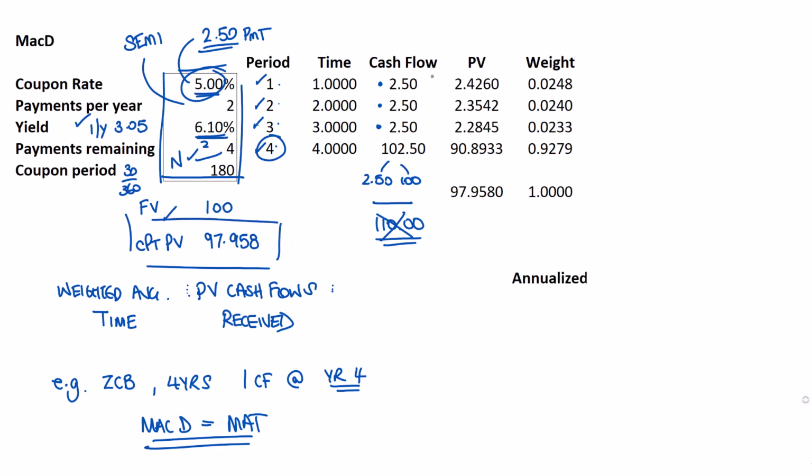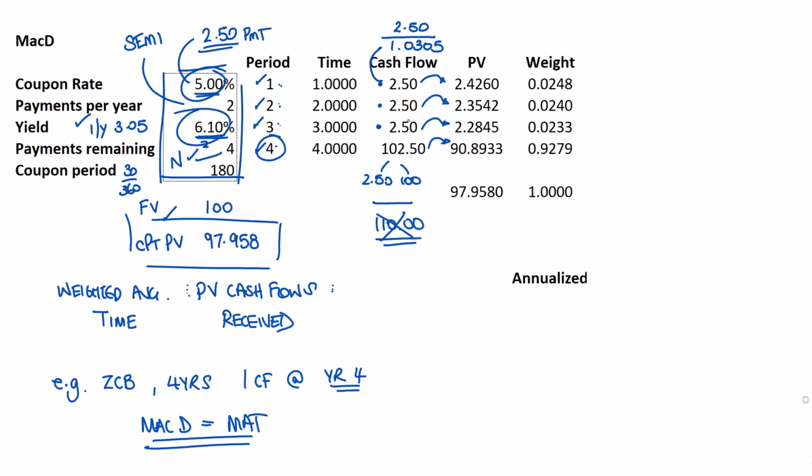So let's work out the PV of every one of those individual cash flows. First off, 2.50 comes in at T1. If we get 2.50 in 1 period's time, we are going to discount at the yield, 1.0305, and be careful, the 6.1 is annual. We're dealing with semi-annual periods.